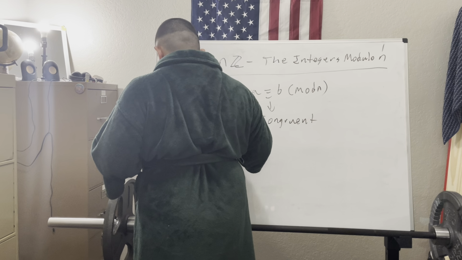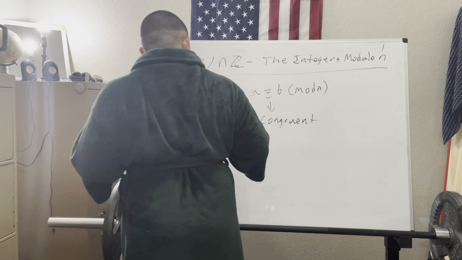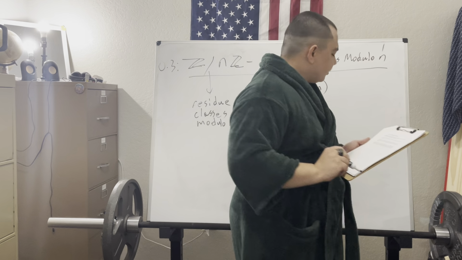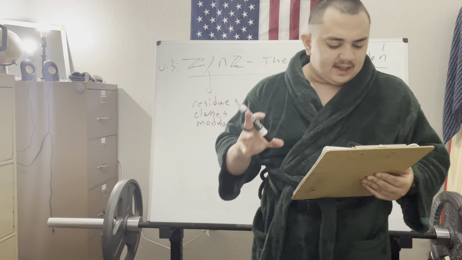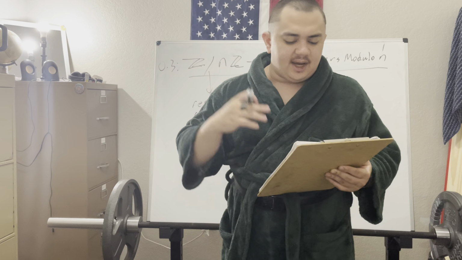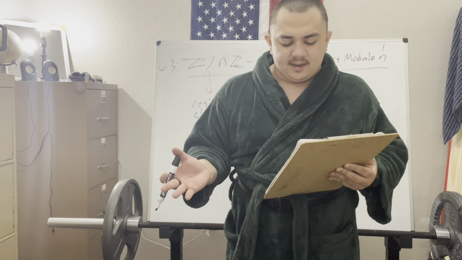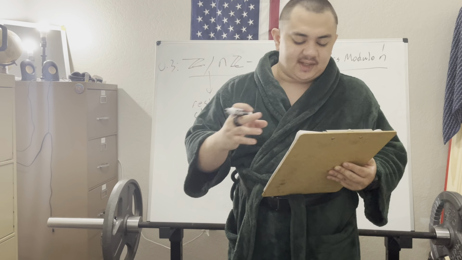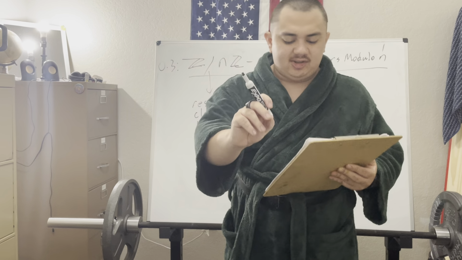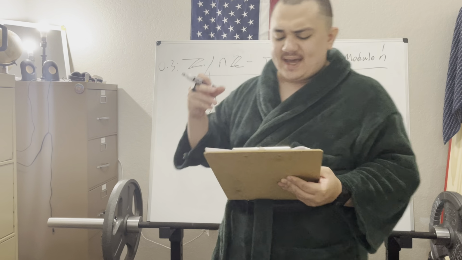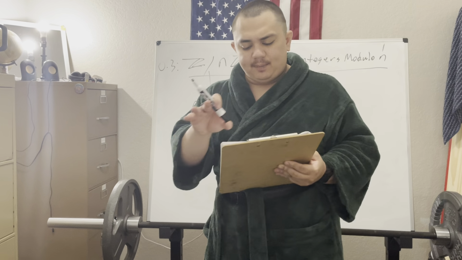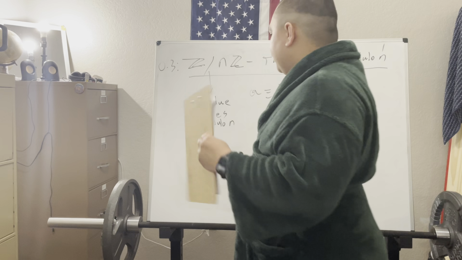Modulo n is fundamental in algebra, number theory, cryptography, and coding theory. I've mentioned cryptography and number theory. Coding theory is part and parcel to that stack of things, but it allows us to treat numbers that differ by multiples of n as the same for arithmetic purposes, forming a finite ring.